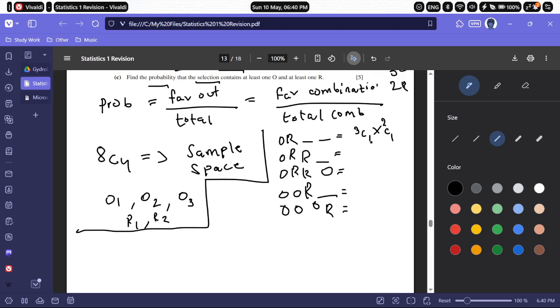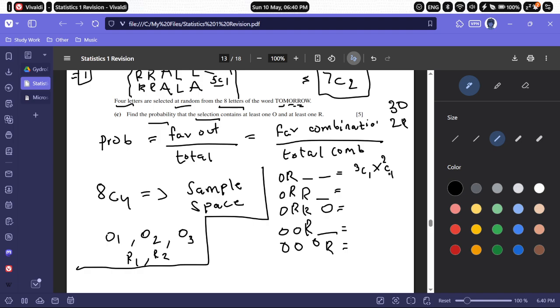Okay, moving on. So how many O's and R's do you have? Five, right? You're left with three letters to choose from. So 3C2. Then for this, you do 3C1 into 2C1. Sorry, 2C2 into 3C1.